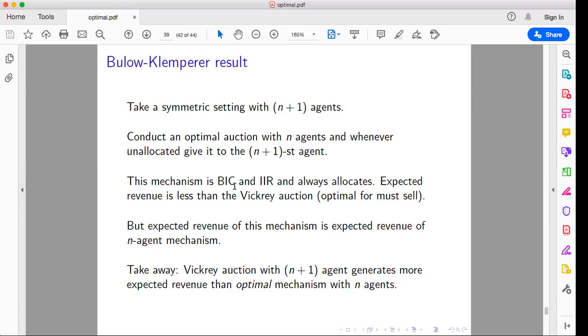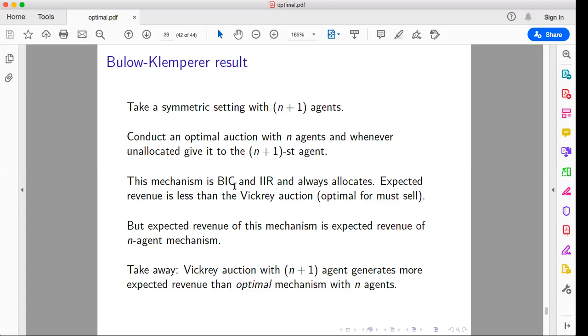So what this is saying is that if you're a seller and you did not know the distributions of the bidders and so on, but you could hire or acquire an extra bidder, this extra bidder has to be of the same type as the other n bidders, that is the same distribution, same type space, and so on, then you could just conduct this Vickrey auction with this extra bidder, and that will give you more revenue than what you would have got by using this complicated optimal mechanism.